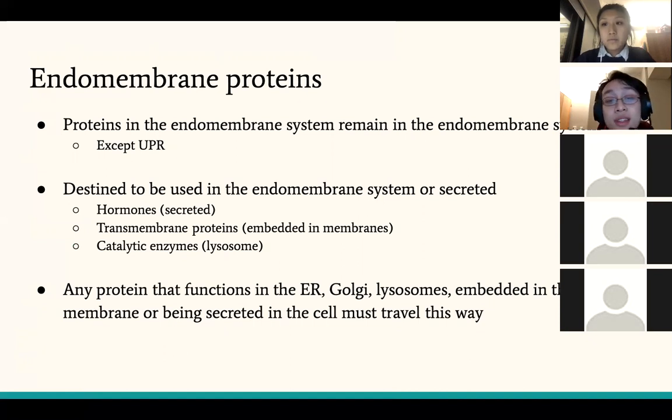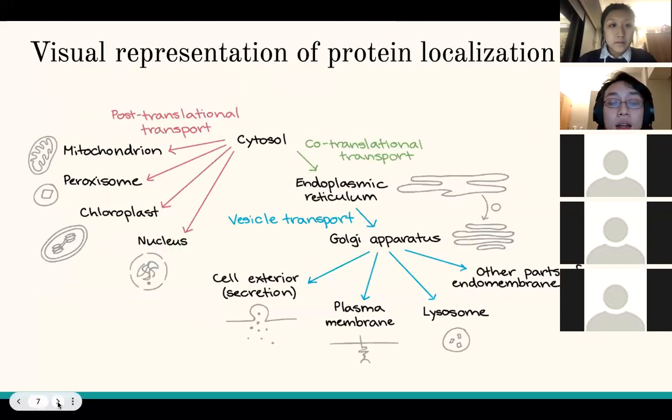The only exception to this would be the unfolded protein response, but that's just one exception. Generally, they stay within the endomembrane system. Then we can move on. Here would be a visualization. We see the cytosol, and the protein would move to the endoplasmic reticulum, into the Golgi body, and then into different sectors.